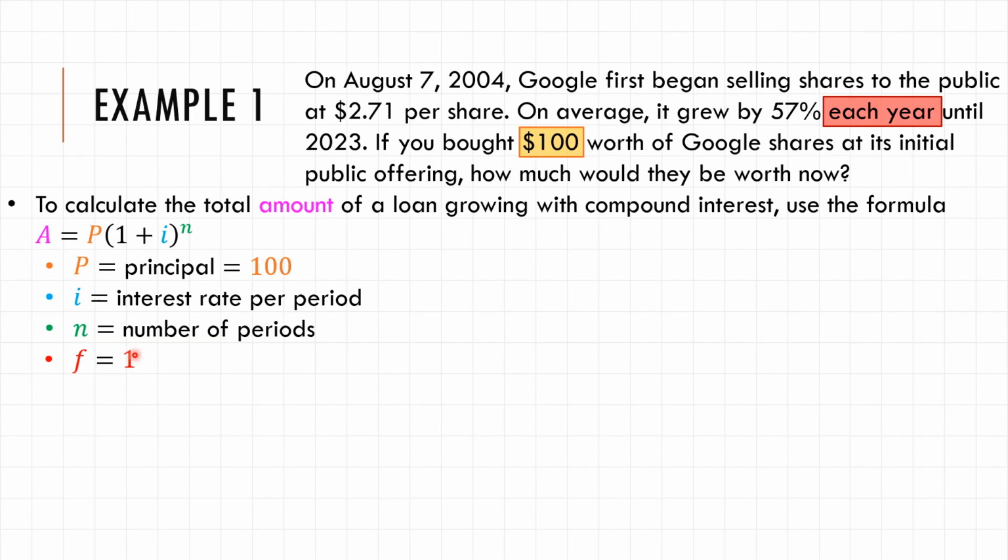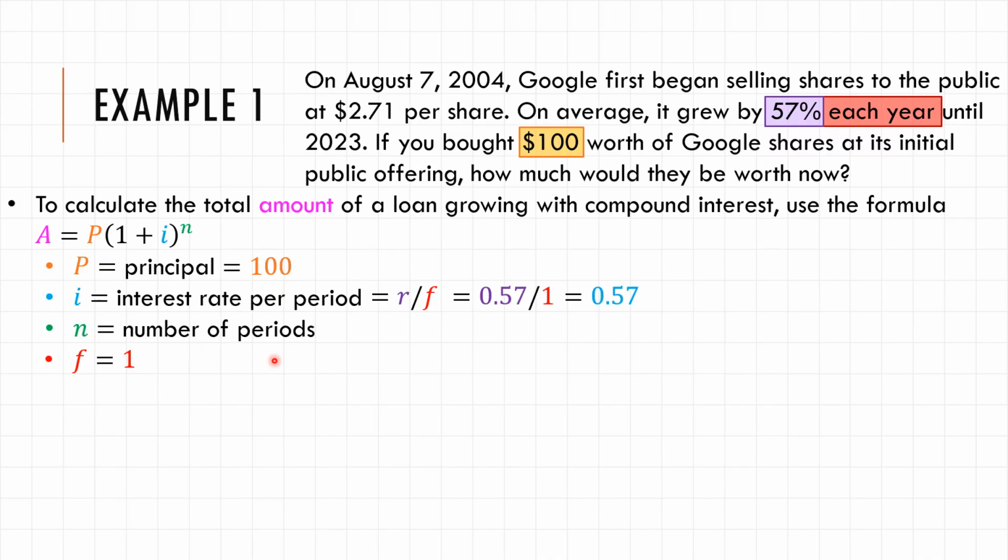And if the frequency is 1, then these two equations are really easy, right? The interest rate for one period is still going to be 57% divided by 1. Because it's one period per year, we don't need to divide this at all. The interest rate is just going to be 0.57. That's 57% as a decimal. In 1 year, because 1 year is one period here, it only grows annually, it's going to grow by 0.57.